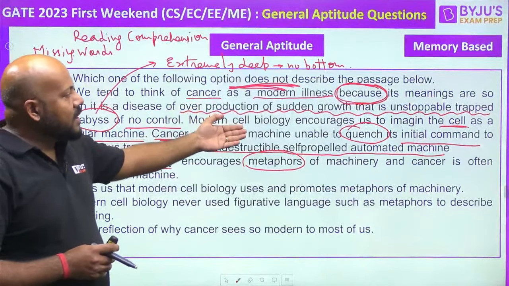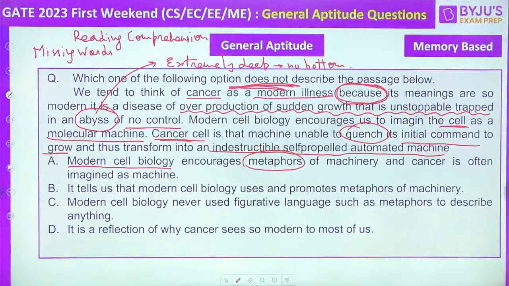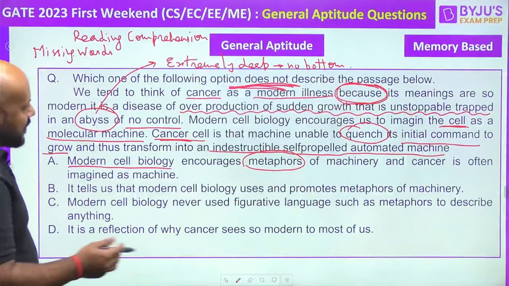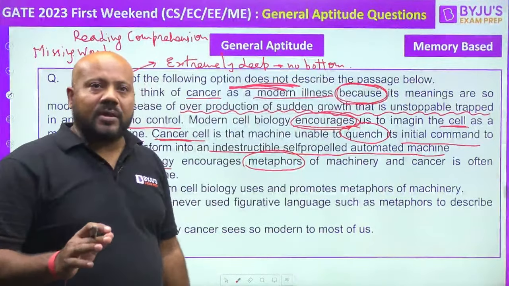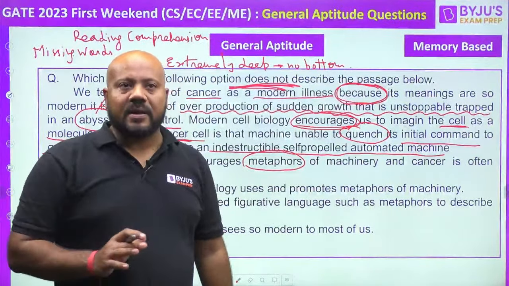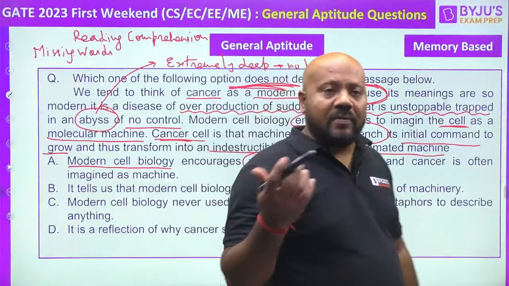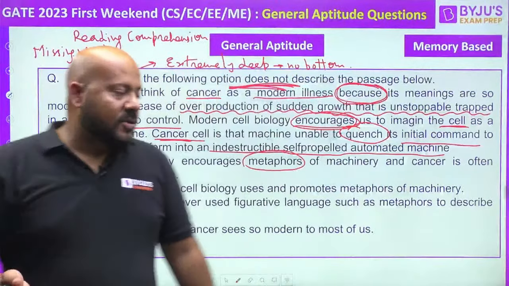Modern cell biology encourages us to imagine the cell as a molecular machine. The word encourages is there. So if it is the MSQ question, then I have to change my answer. If it is the MCQ question, because only one option we have to choose, we cannot choose more than one option, so accordingly I have to choose.